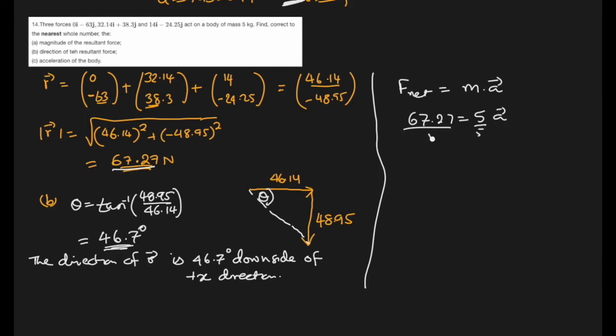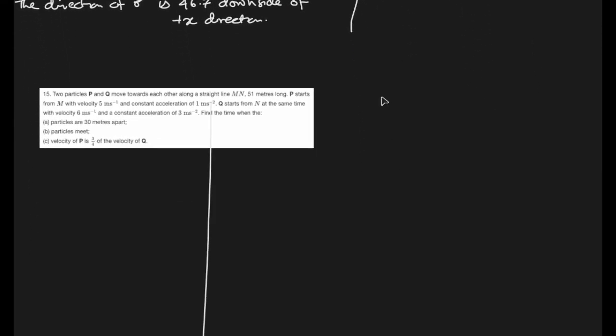Divide both sides by 5, so the acceleration will be 13.45 meters per second square. That's the acceleration. This is number 15.